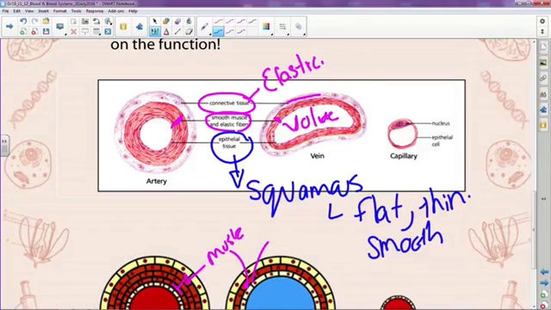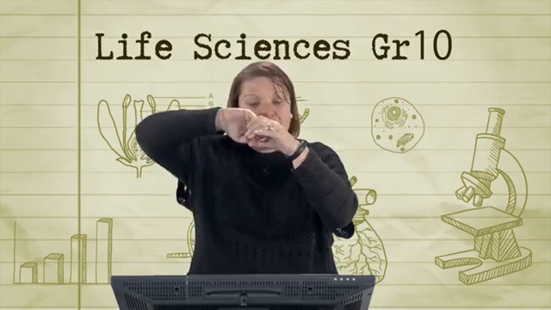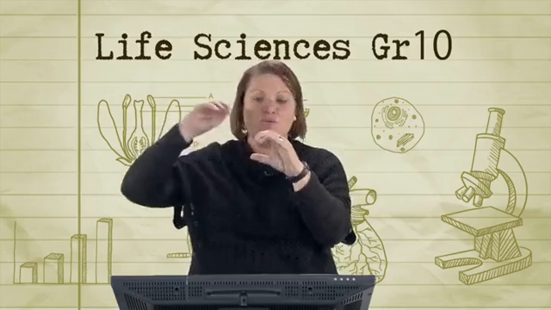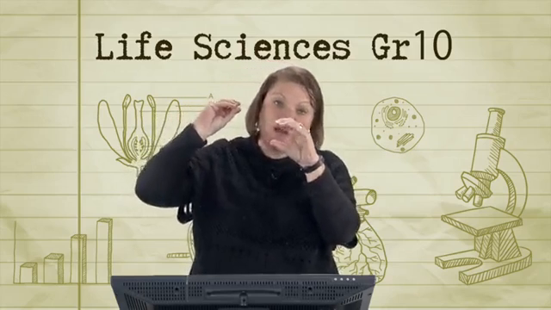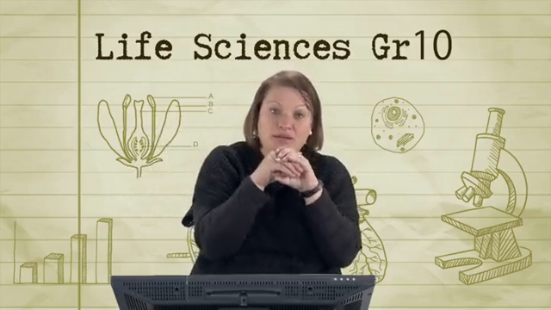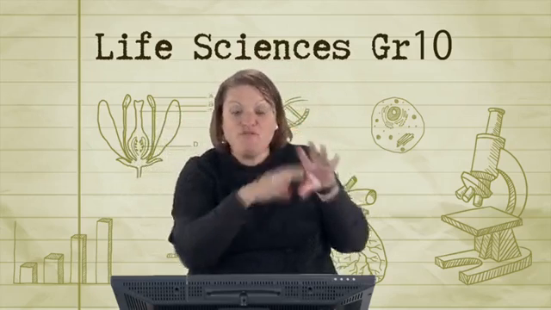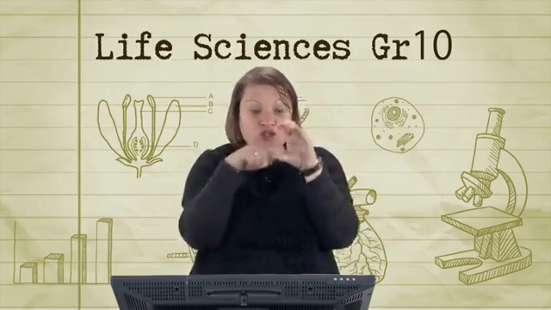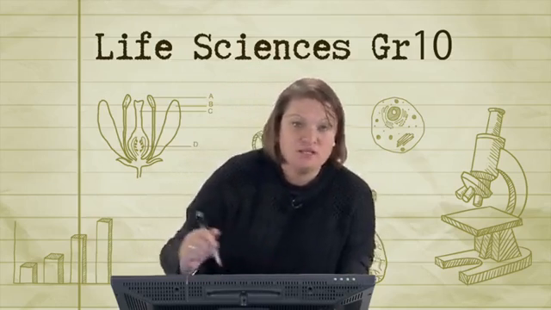My blood vessels, I line it with a nice, smooth epithelial tissue. Why? I want blood to travel through smoothly. So I make an epithelial tissue. And what's the function of epithelium? To line cavities. I want it to be nice and smooth.